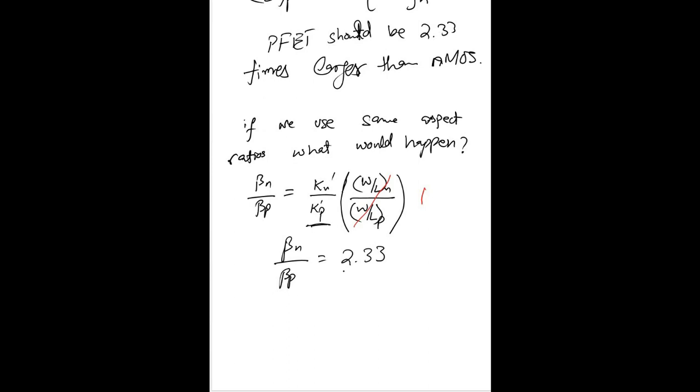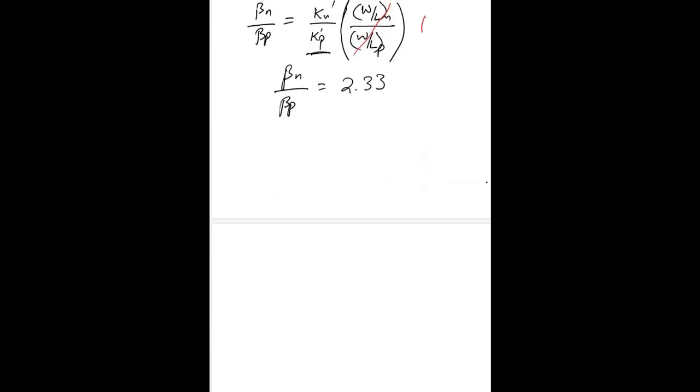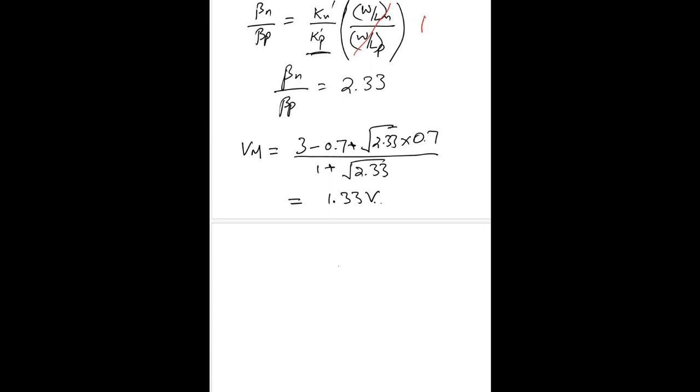And if we solve for our midpoint voltage using this beta ratio, Vm is equal to 3 minus 0.7, and our beta ratio 2.33 multiplied by 0.7, divided by 1 plus root of 2.33. So this results to be 1.33 volts.